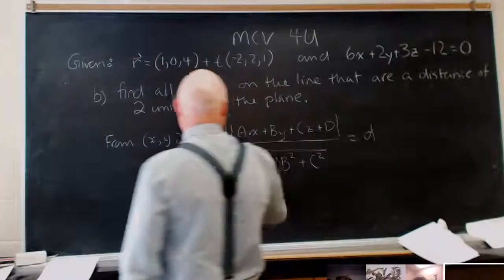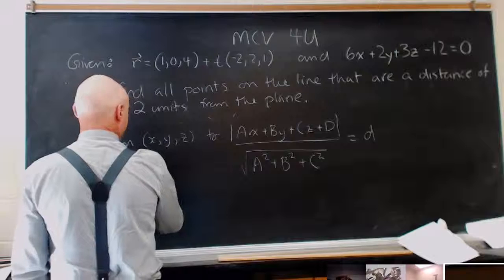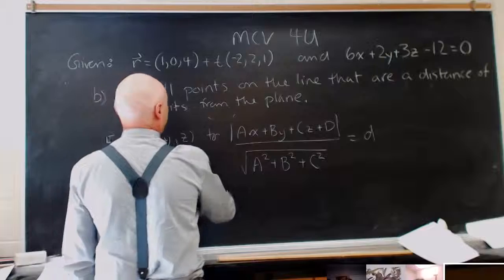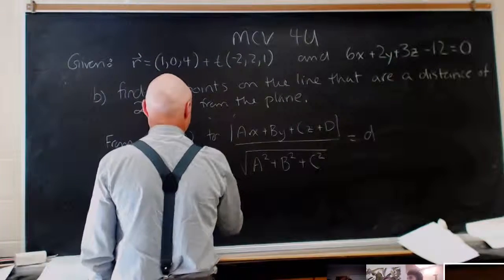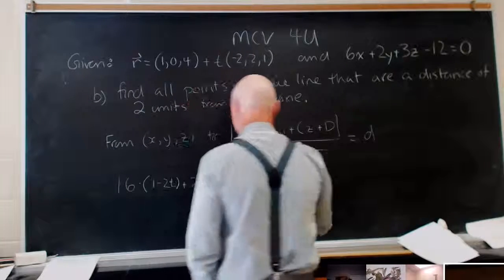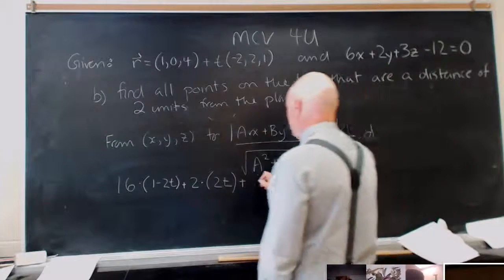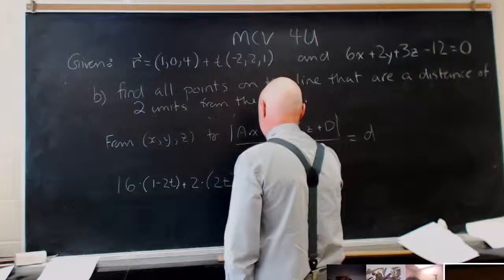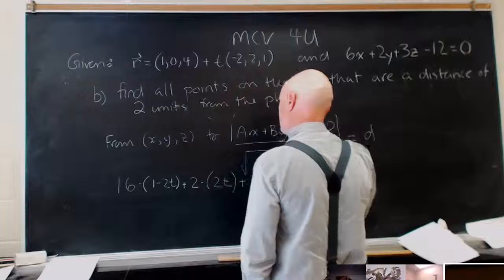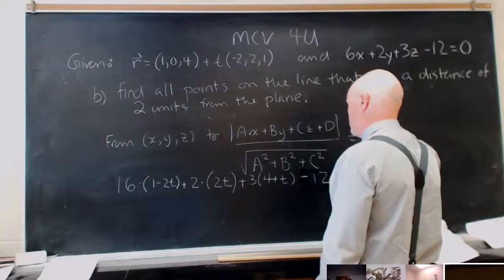So this is going to become 6 times (1 minus 2t) plus 2 times 2t, plus 3 times (4 plus t), plus d, which is minus 12.